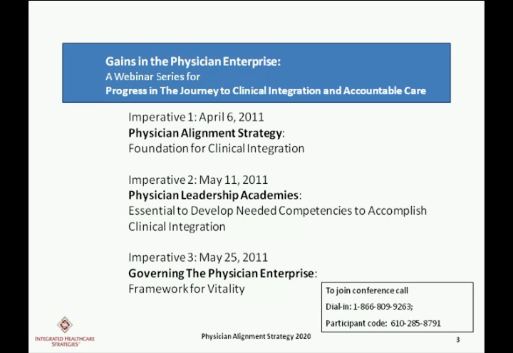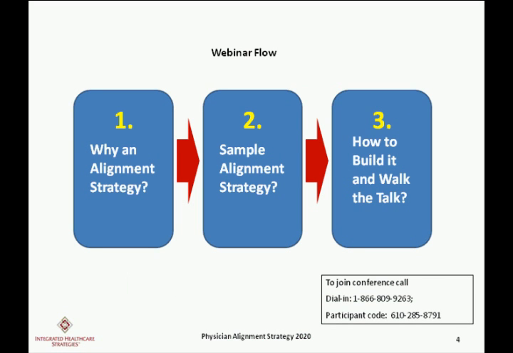But today we're going to look at where it all needs to begin, which is physician alignment and moving from concept and philosophy to structured opportunities for clarity and focus. You'll see on slide 4, we've organized this webinar into 3 blocks. We're going to remind all of us so that we're grounded on the rationale for a solid alignment strategy.